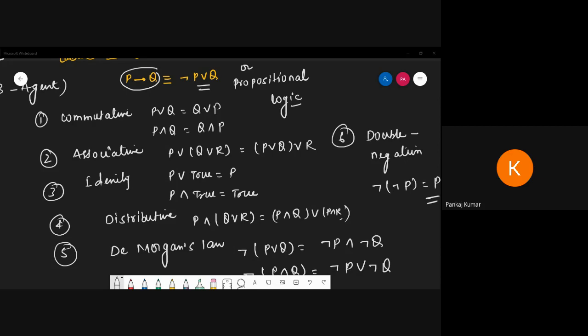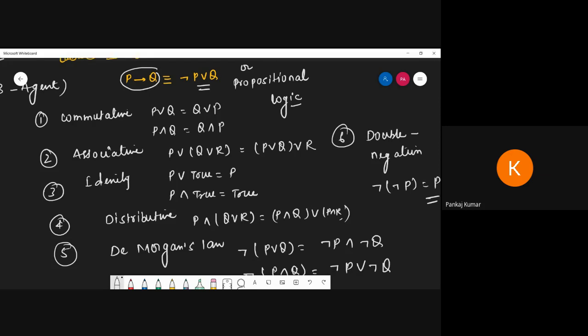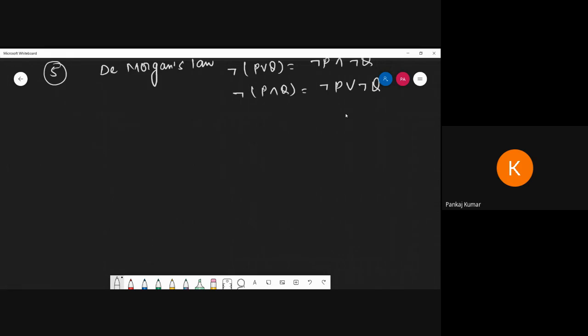So if someone asks you where propositional logic fails: when we are talking about all, when we are talking about some, when we are talking about none, these things cannot be derived in propositional logic.